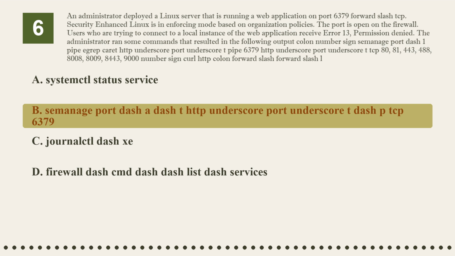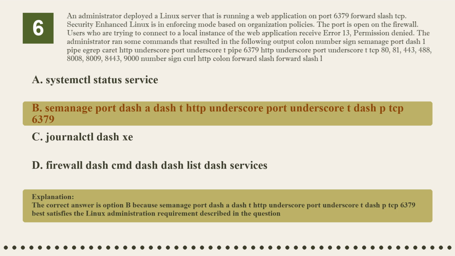The correct answer is option B, semanage port -a -t http_port_t -p tcp 6379. The correct answer is option B because semanage port -a -t http_port_t -p tcp 6379 best satisfies the Linux administration requirement described in the question.